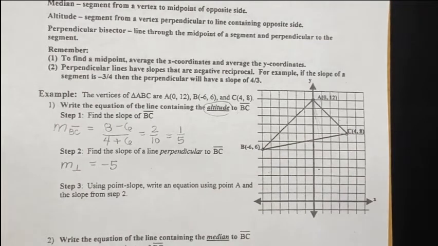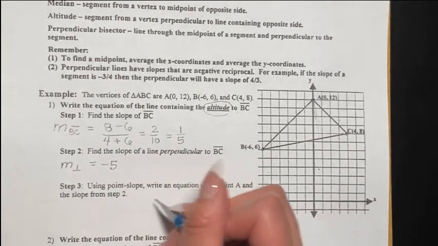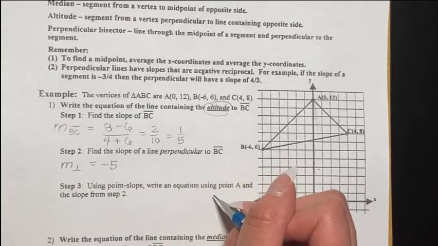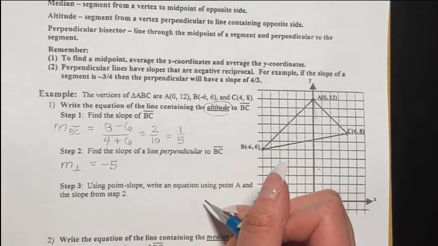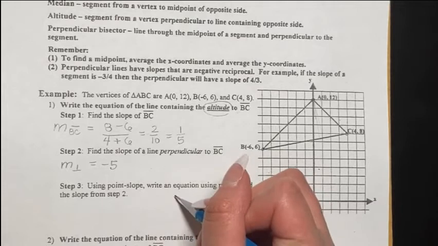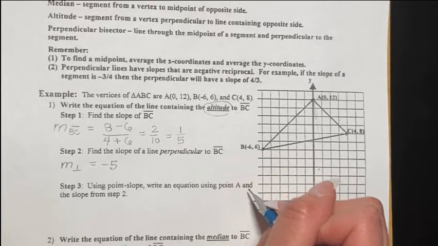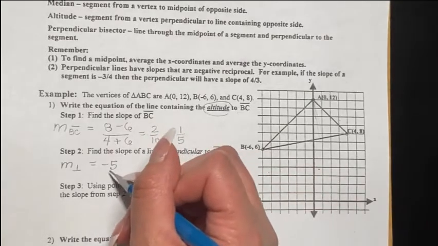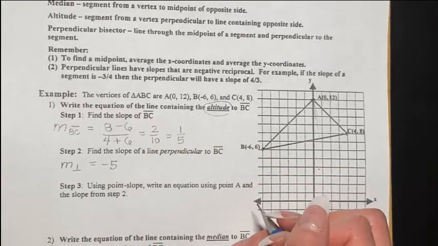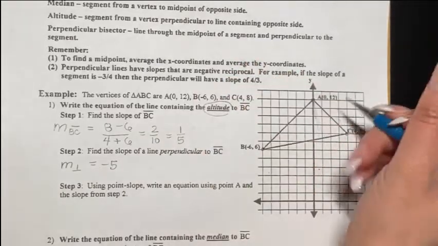The next part is that we need to use the point-slope form, as I was telling you in class last week. We write the equation using point A and the slope that we have from step 2. Why am I using A?